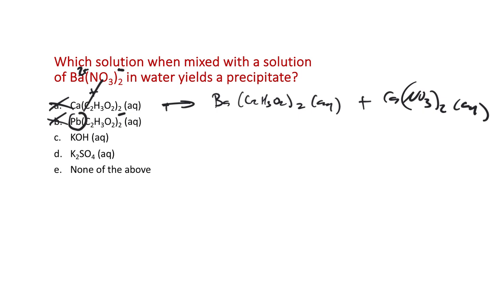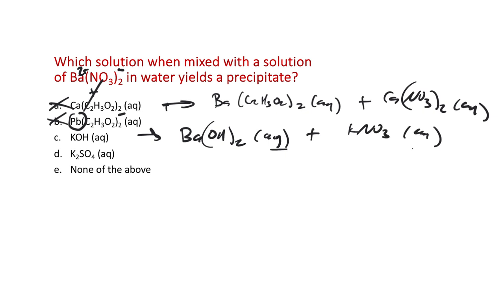C, you almost would think works because most hydroxides are insoluble, but barium hydroxide is water soluble. So if I mix KOH, I might consider getting barium hydroxide, Ba(OH)2, but that's water soluble. And then the other product, KNO3, of course, is water soluble as well. So no solid here, two water soluble compounds, so C doesn't work.